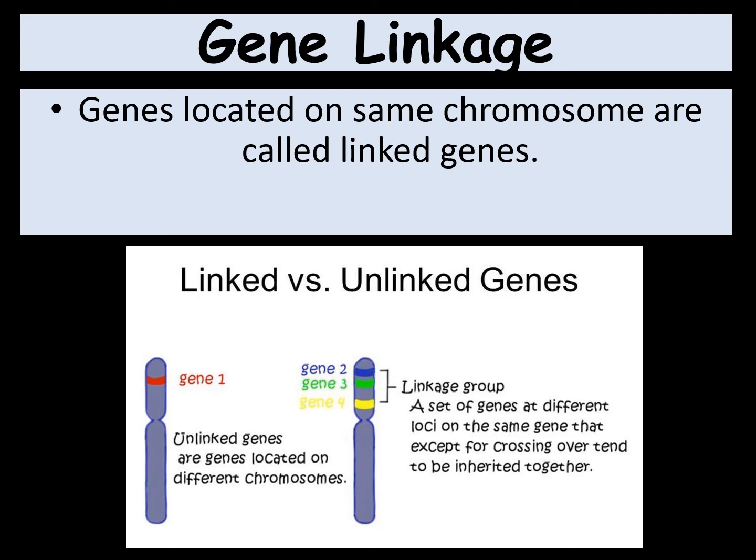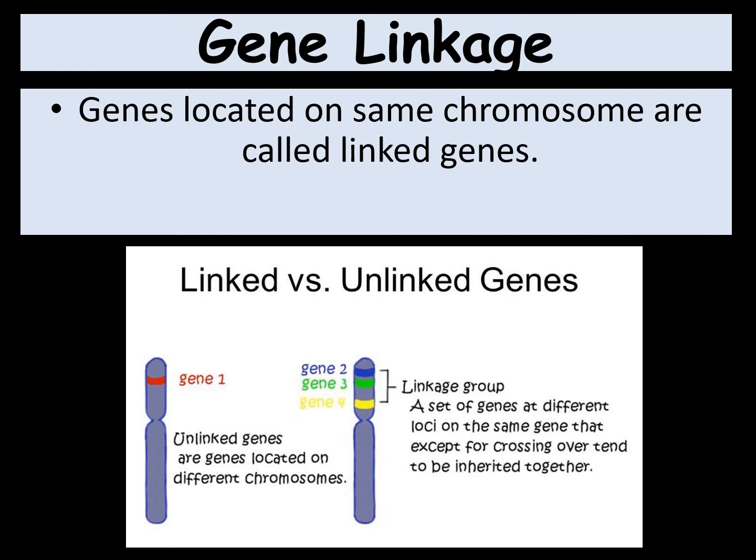The reason scientists call them that is because usually when the gametes are created and the alleles are separated into those gametes of sperm and egg, they usually do independently assort, right? That's what Mendel told us, that they separate, they segregate, and they independently assort. Well, again, what scientists found out is that some genes are linked.